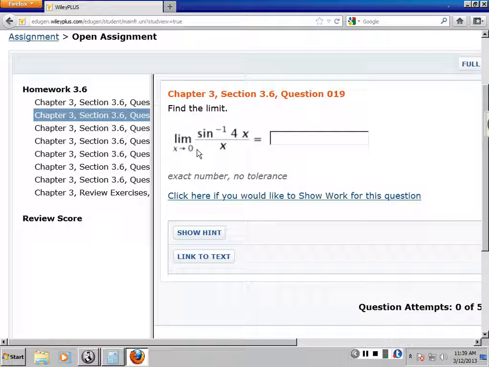And then this 4x would be squared. And then that whole thing would be over 1. Right? And then if x goes to 0, you see this term goes to 0. So you have basically 4. But if you don't take the derivative of the inside, you lose that.